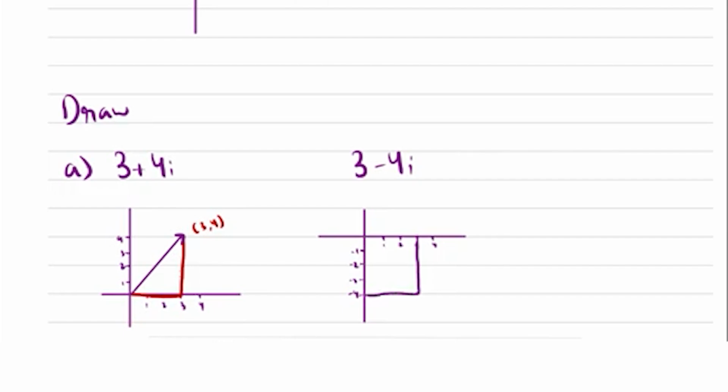Got this guys? So this is going to be your Argand diagram. Do you get this? 3 and minus 4. So are you clear with making the Argand diagram?